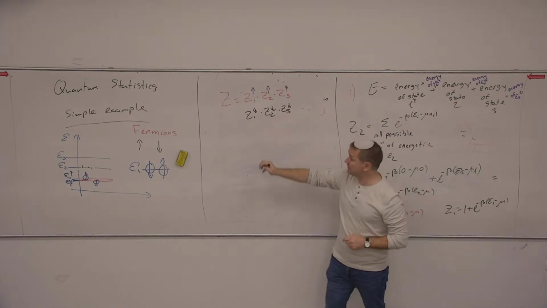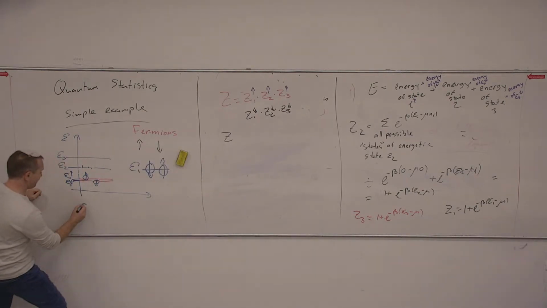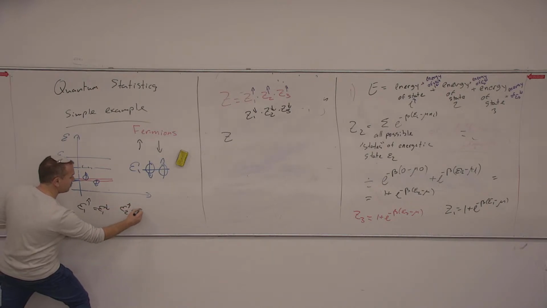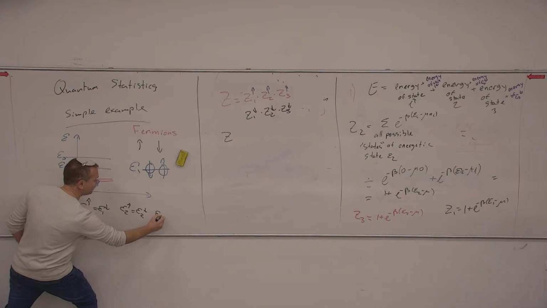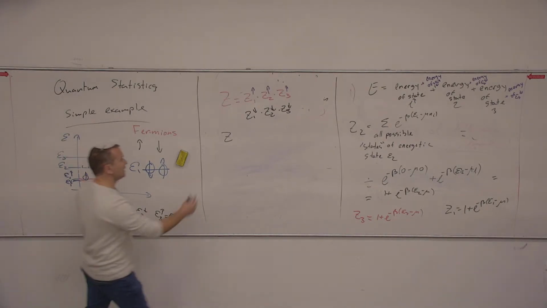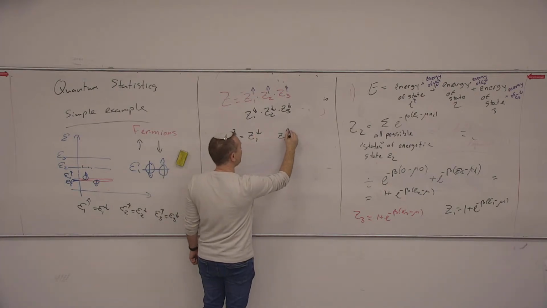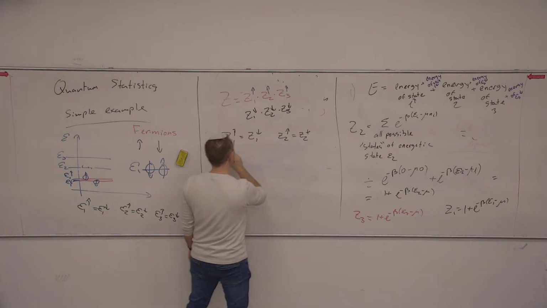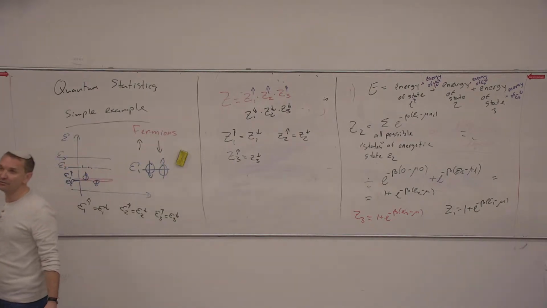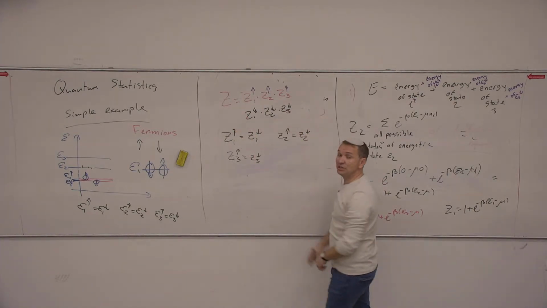Now, the point is that due to the situation epsilon 1 up equals epsilon 1 down, and epsilon 2 up equals epsilon 2 down, and epsilon 3 up equals epsilon 3 down, okay? I know that z1 up equals z1 down, and z2 up equals z2 down, and z3 up equals z3 down, because I have this degeneracy. So how does the degeneracy enter my factorization scheme?